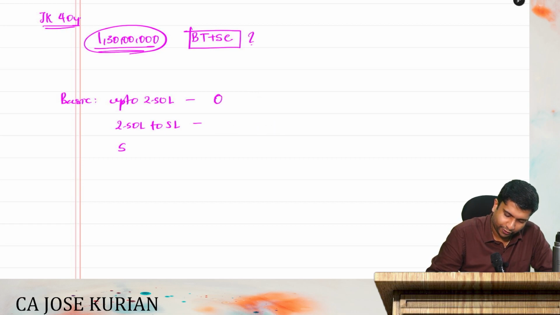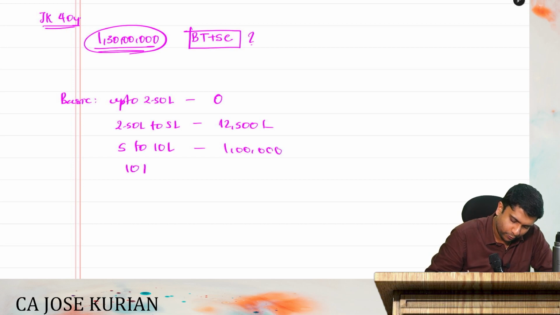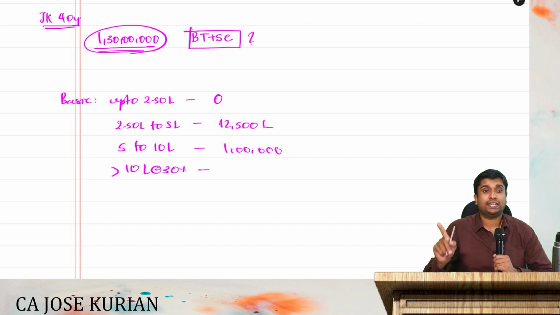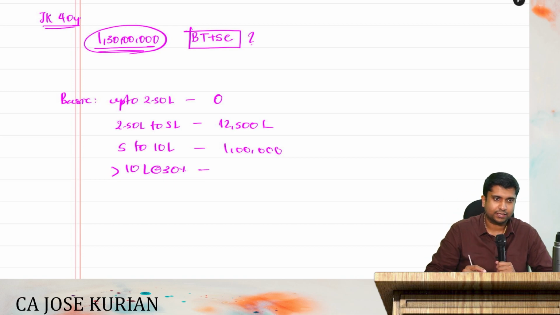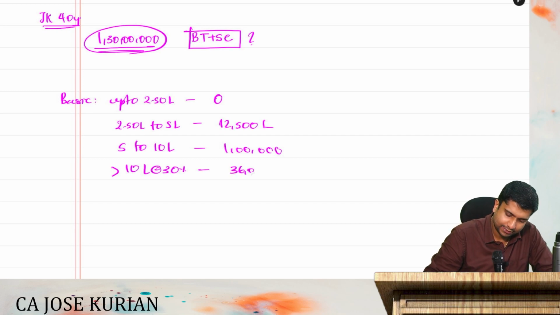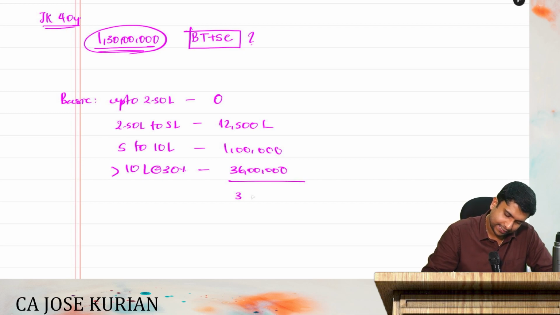Then from 2.5 to 5 lakh, at 20% rate, it will be 12,500. Then from 5 to 10 lakh, it is 1 lakh coming as basic tax liability. 10 above, it will be 30%. 10 above at 30% means 1 crore 20 lakh will be subjected to 30%. And how much will be the figure? 36 lakhs will be the figure. And adding everything together, it will be 37 lakh 12,500.